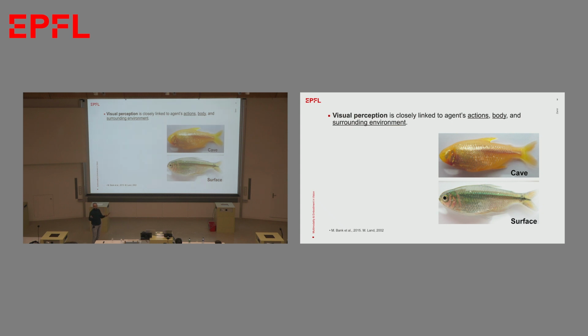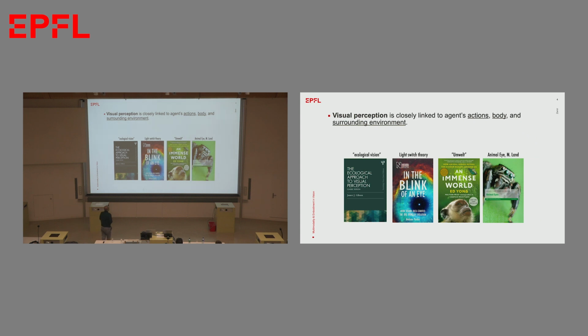So therefore, there's no point in having eyes, and they just lost their eyes, evolutionarily speaking. And their surface cousin, which is genetically very similar, stayed on the surface and preserved the eyes. So a lot of different disciplines have looked at the relationship between vision in a more integrated way with embodiment and environment and so on and so forth.